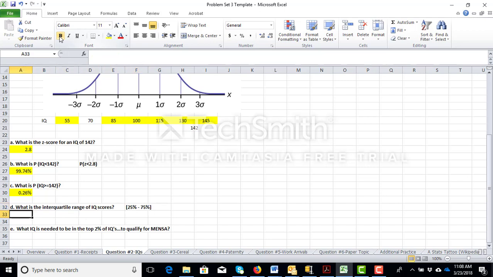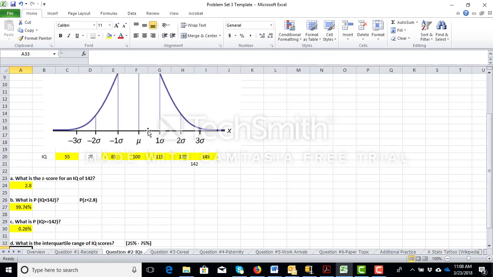Well, what we want to do is look to the z-table. I mean, we could look at the graph for a moment. We know that between minus and plus 1 standard deviation, that's going to get us about 68% of our data. That would be from an IQ of 85 to 115.